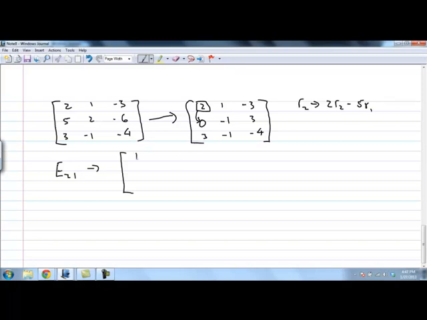Our first row did not change, so we'll have an identity row. Our second row did change. We had minus 5, row 1, 2, row 2. We didn't use any row 3s, so we put a 0 there. And the third row didn't change, so we take row 3 of an identity matrix, and we have our E21.